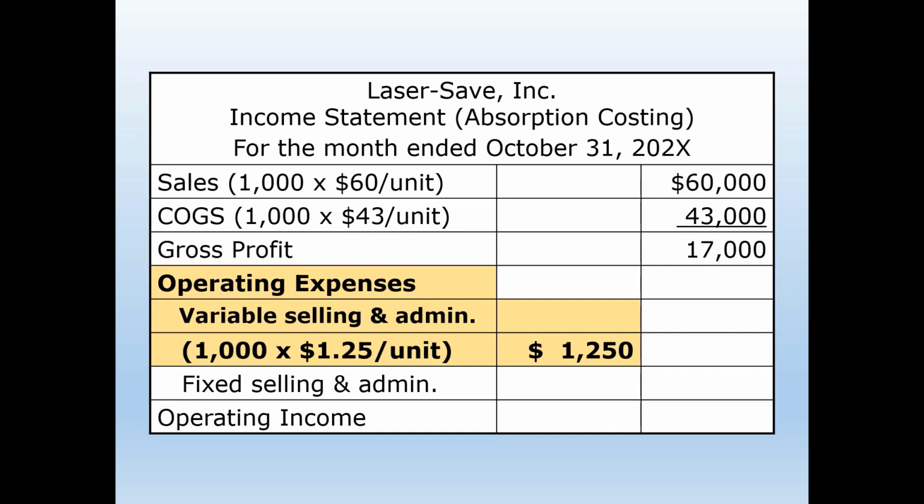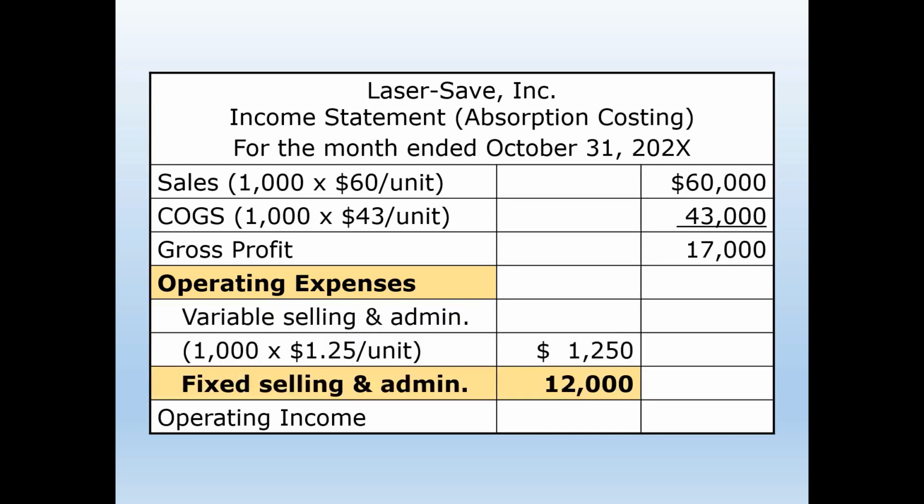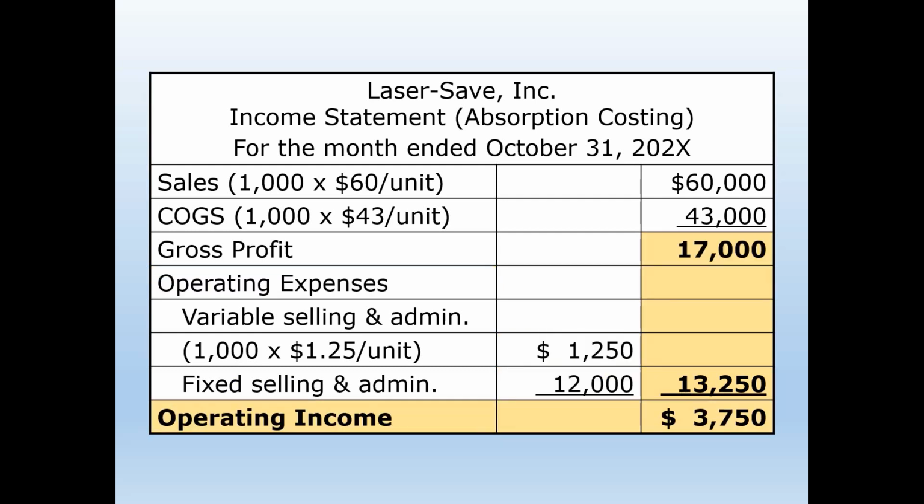Under selling and administrative expenses, the firm had $1.25 of variable selling and administrative per unit times the 1,000 units that were sold. Fixed selling and administrative was $12,000, so we can figure out the total operating expenses for the firm in October. Gross profit minus all of the selling and administrative costs for the month gives us operating income.